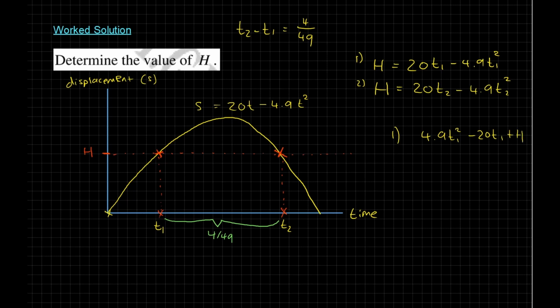I'll just make a little bit more space there. Okay, that's the first equation. And the second one is similarly 4.9 t2 squared minus 20 t2 plus h equals 0.